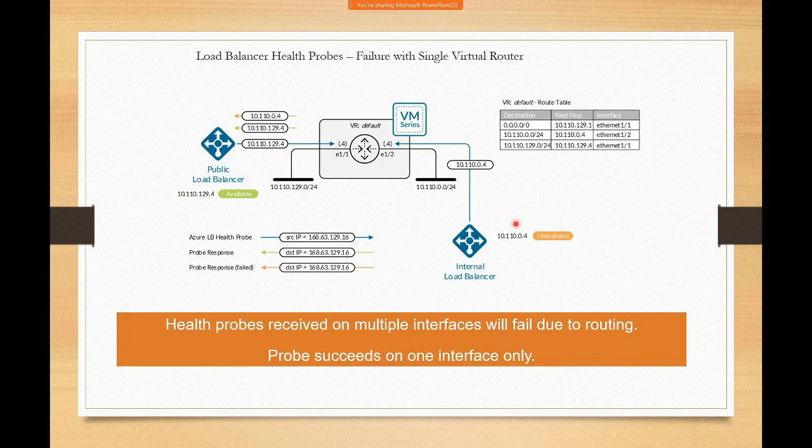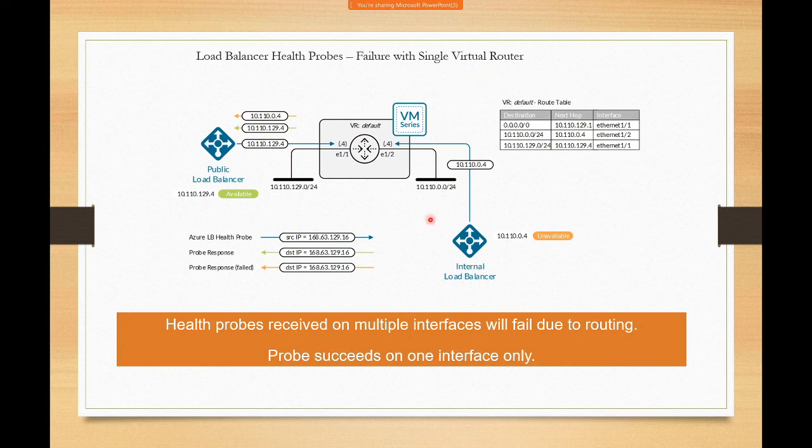In this diagram there are two load balancers, one public and the other internal. But this is the failure scenario when you have a single virtual router. The probe will fail.